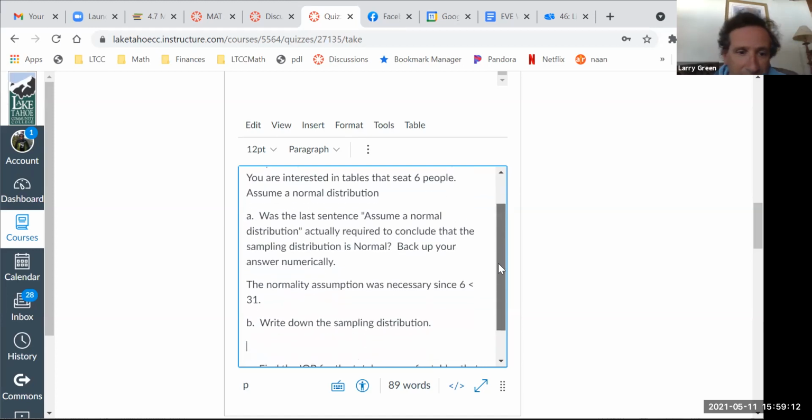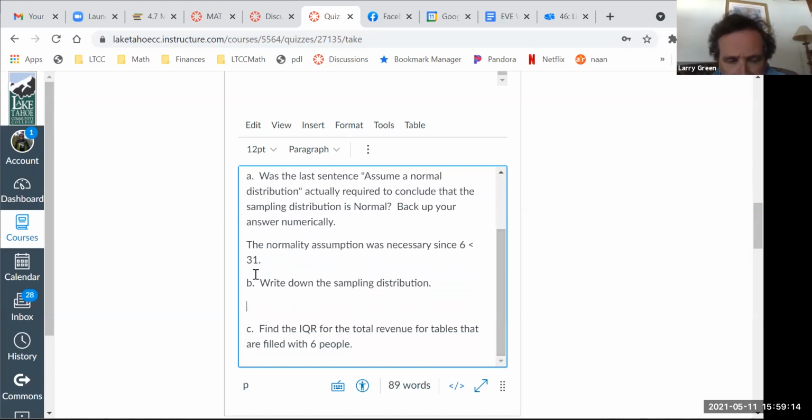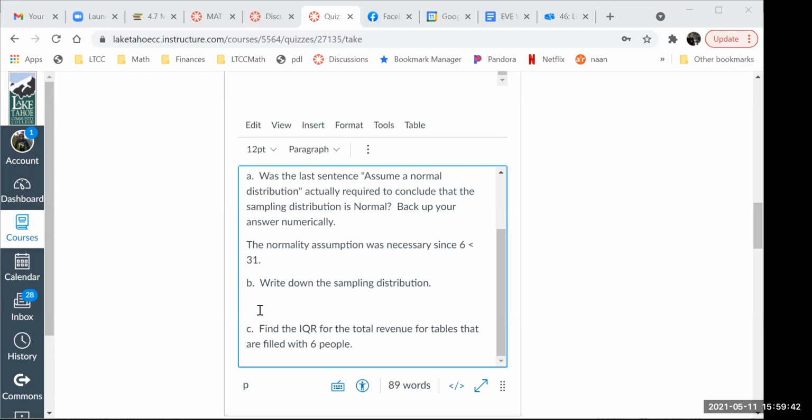And maybe I should have made this part C instead, but if you're looking at part C, which is find the IQR for the total revenue, because that's what we're going to want, then what are we looking at? How do you write total in symbols? Sigma. Yeah, that capital sigma.